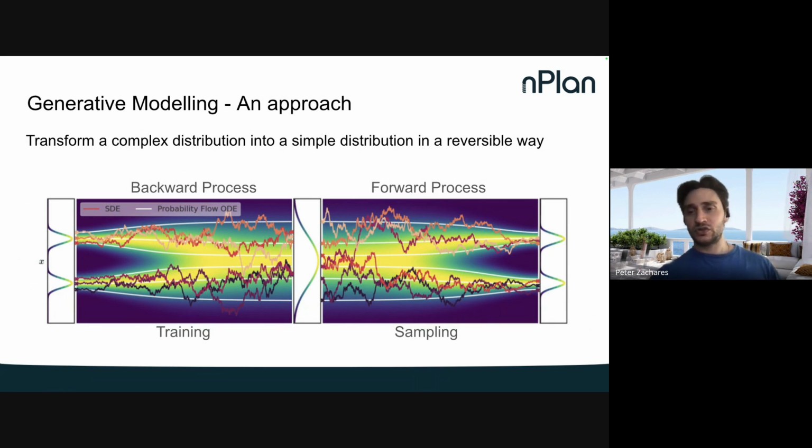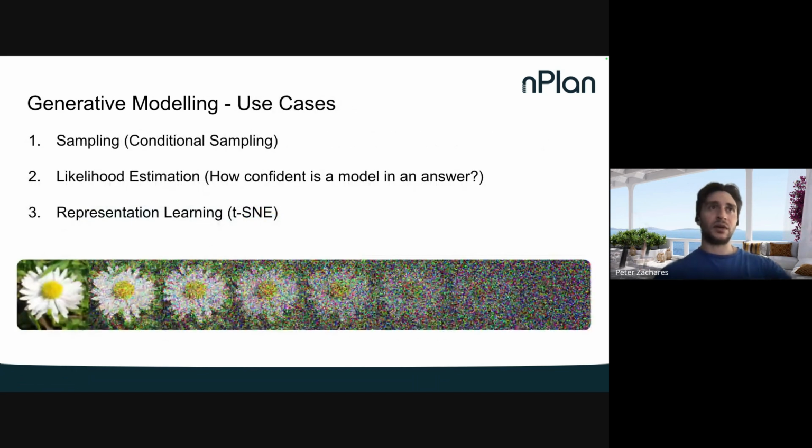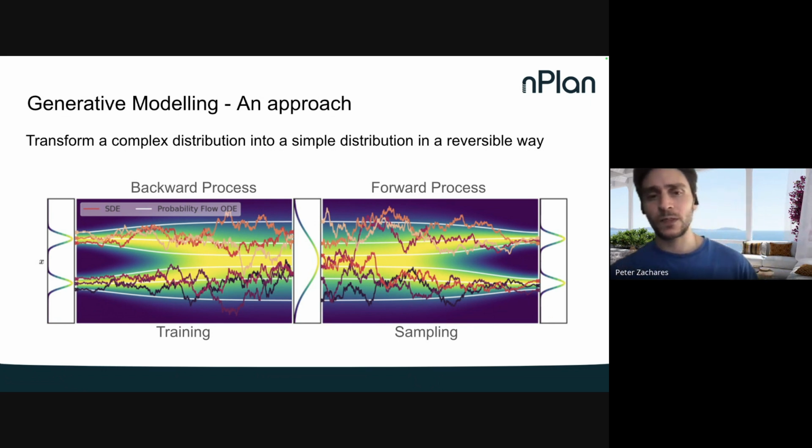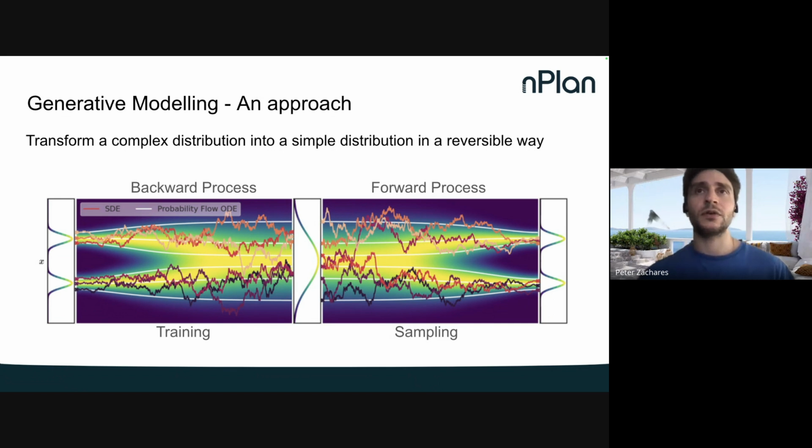One approach to generative modeling is to take a simple distribution that's easy to sample from, and then transform it into a complex distribution, which is the one you're more interested in. I chose this picture, which I think is from a diffusion paper.